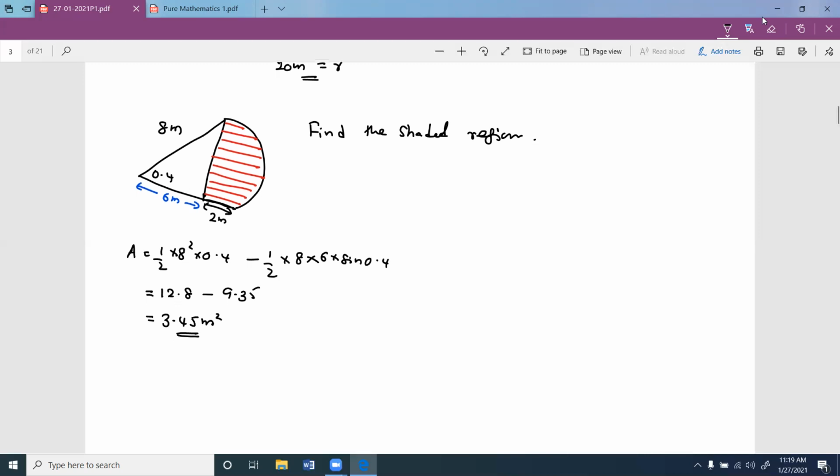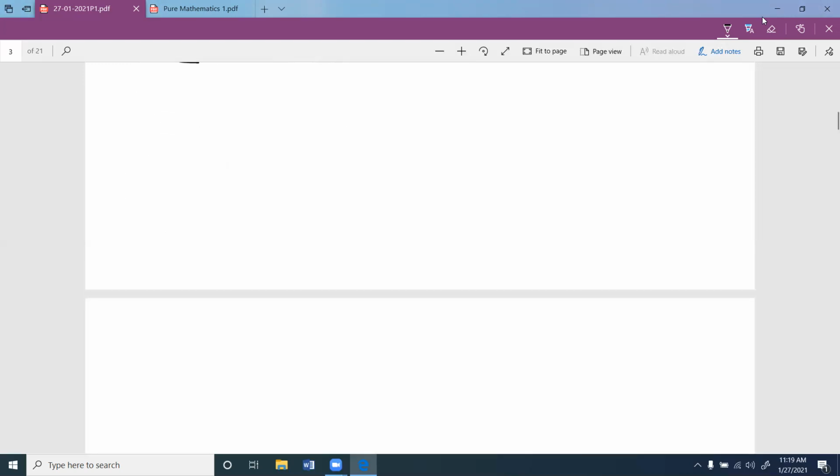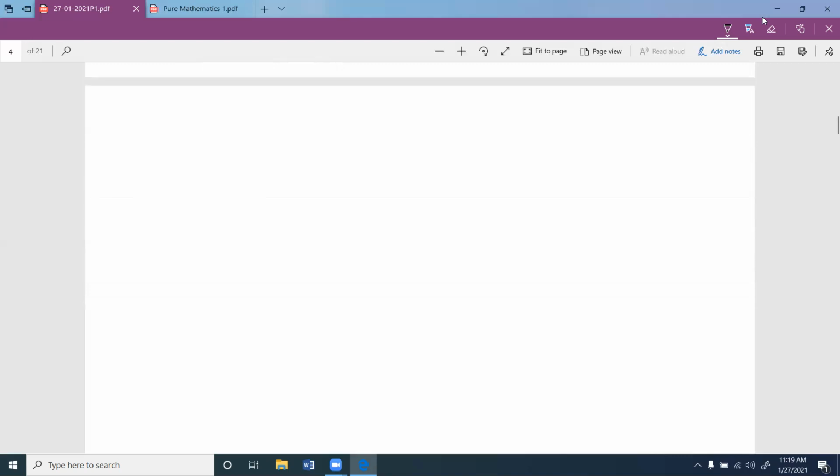But another type of question they can ask you is just like this. They might give you a shape like this. So this is given 0.5. This is 5 meters and this is 3 meters.